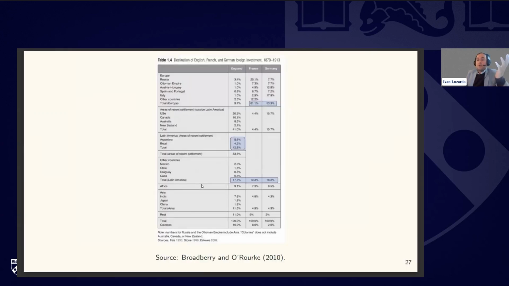Because we wanted to know the destination of that investment, what we can see is that Latin America was an important destination for British investment. So you can see that, for instance, Argentina, Brazil, but also Chile and Mexico accounted for a substantial share of the British overseas investment.